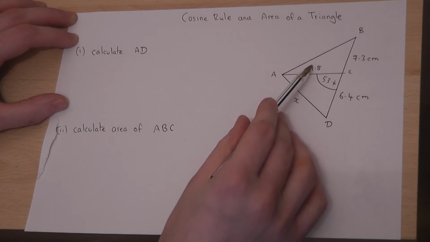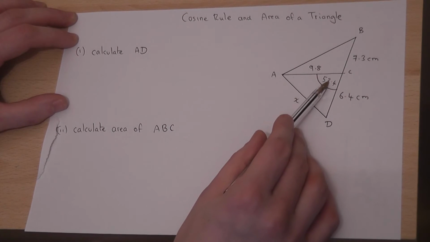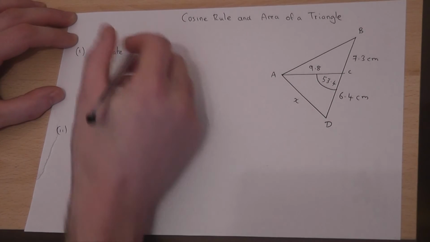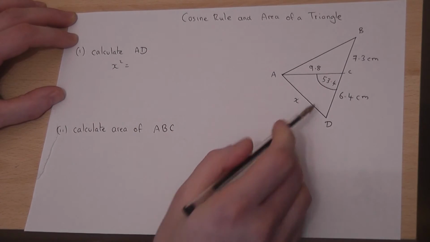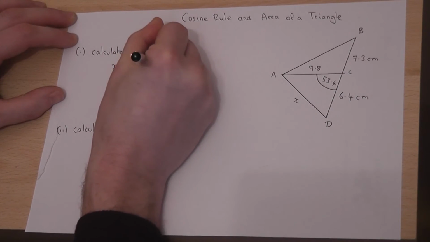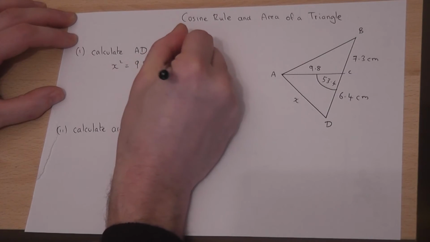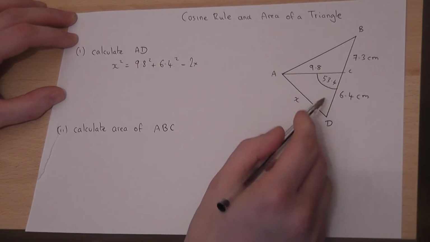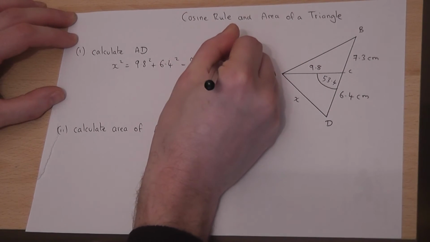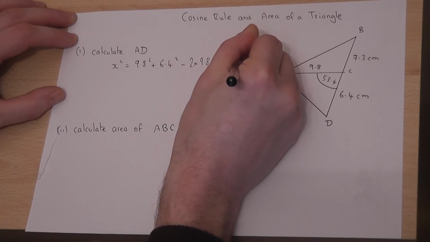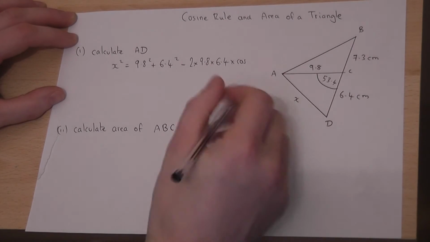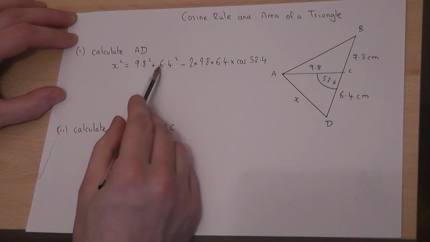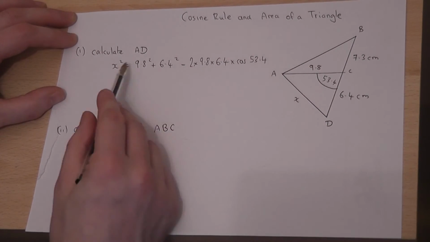Now because we know the two sides and the opposite angle, we can use the cosine rule, which tells us that x squared must equal 9.8 squared plus 6.4 squared minus 2 lots of 9.8 times 6.4 times cos of the angle 53.4. So this formula here gives us a value for the side we want squared.